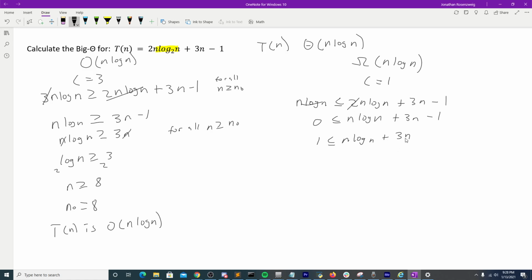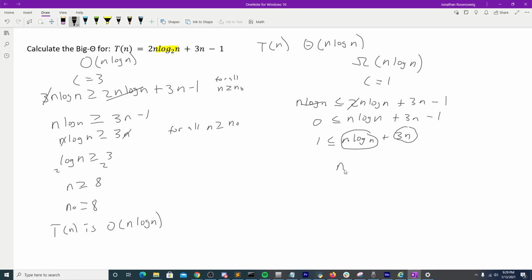And then in this case, if we take n equal to 1, then we know that this term will be greater than or equal to 1, and we know that this term will be greater than or equal to 0. So the sum of the terms will be greater than or equal to 1. So for any n greater than or equal to n naught, we can set 1 as our n naught, and for any n greater than or equal to 1, this expression will be greater than or equal to the one on this side.